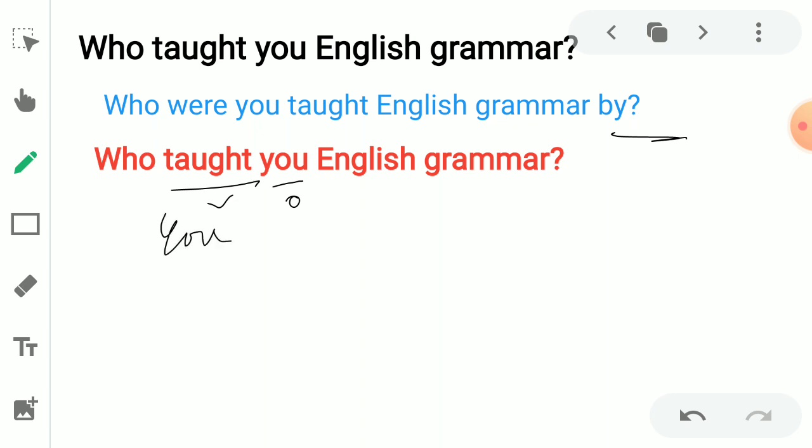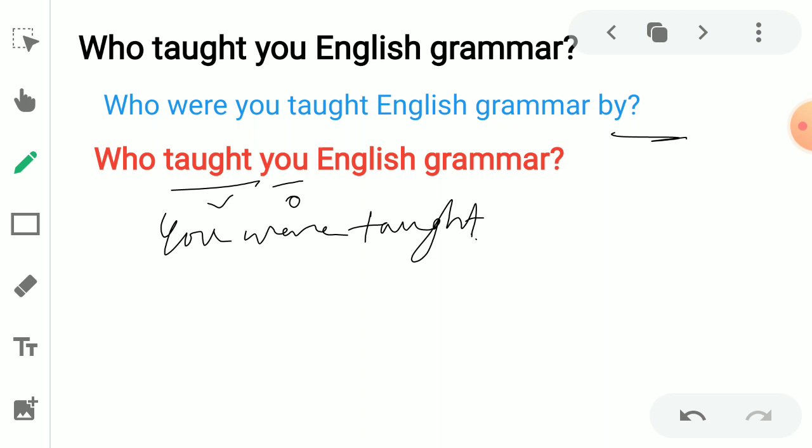Because of the tense form, taught, simple past, you take were, and here you is second person, singular or plural, both are the same. You were taught, the V3 form of teach. Got it? Teach is the root word of taught. Teach, taught, taught, and teaching. So we have forms of verbs like V1, V2, V3, and V4.